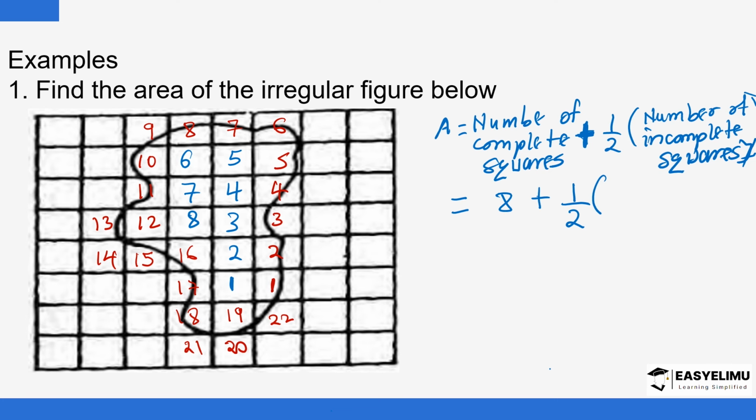So we have 22 incomplete squares. So you write here 22. So that is going to be 8 plus 11, which is 19 square units.